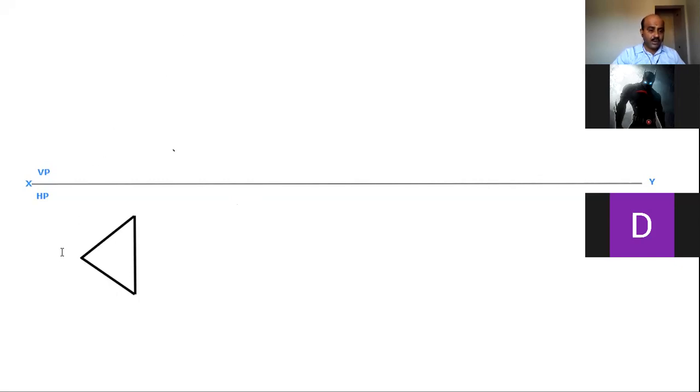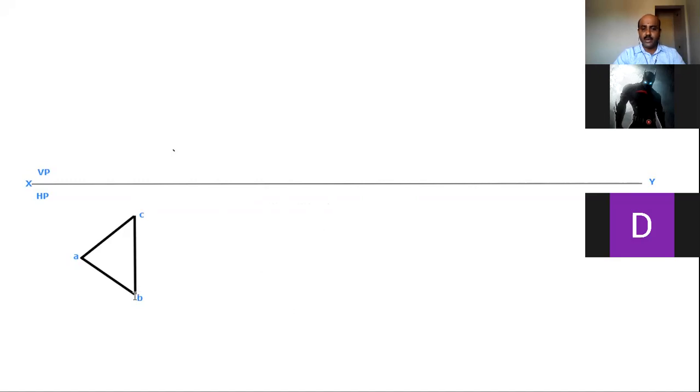Let us start here with A. Simultaneously, please start doing. This is A, and this is B, and this is C. An equilateral triangular lamina of side 25 millimeter.